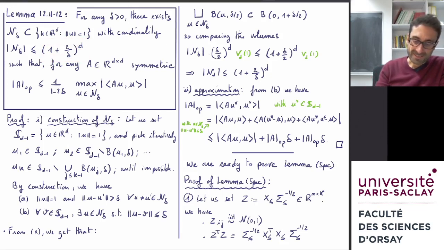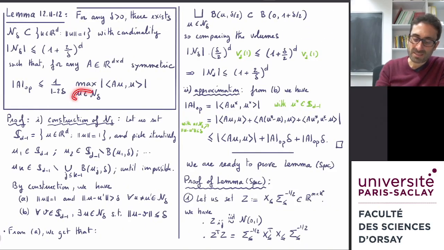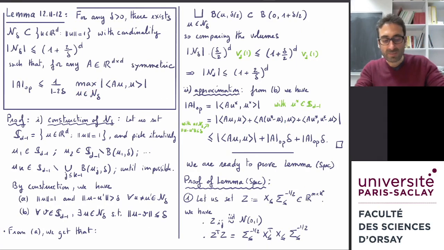And for this set, we have that for any symmetric matrix A, the operator norm of the matrix can be upper bounded by 1 over (1 minus 2 delta) times the maximum over this set of the absolute value of the scalar product of AU and U. So you can see that here we have the same quantity as in the definition of the operator norm of A, but the difference is that instead of taking the maximum over the whole sphere, we take the maximum over a set which is finite.